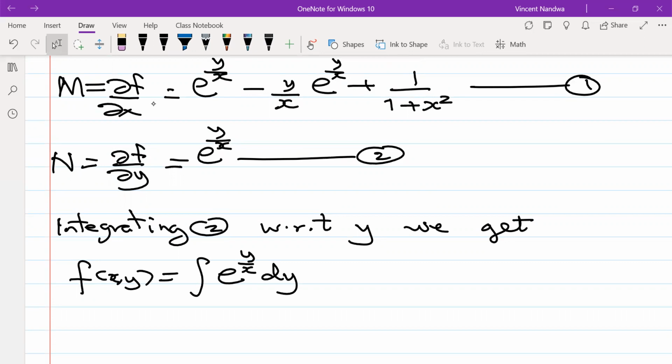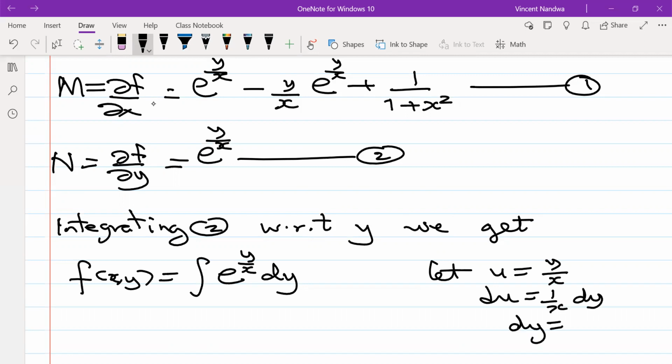Now, the easiest way to carry out this integration is by substitution. So you can say let u be y over x. So du is the same as 1 over x dy, so dy is the same as x du.